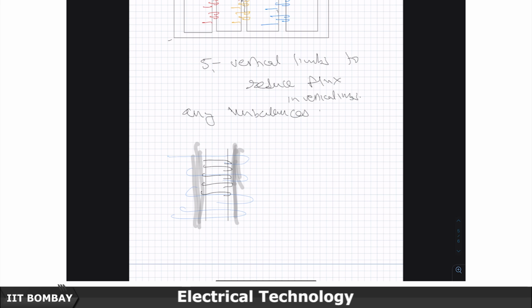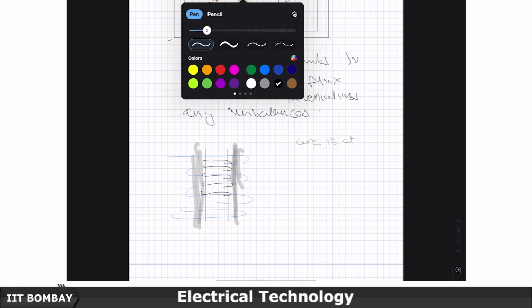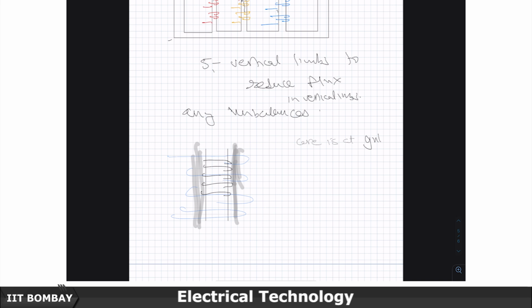So what I mean to say is, your iron core is at ground potential.